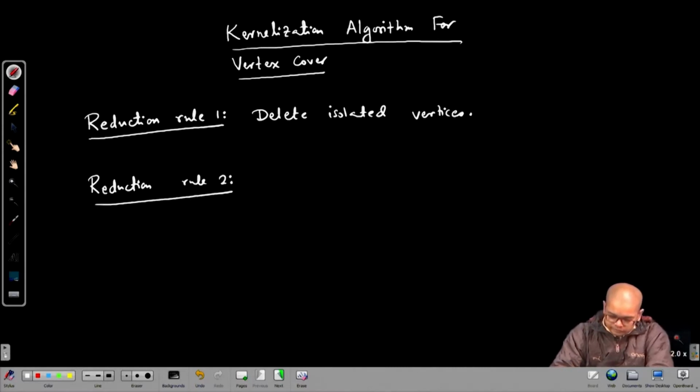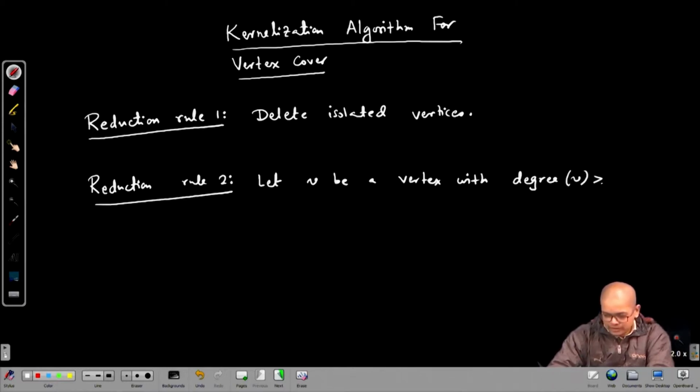Reduction rule 2: for every vertex v with degree of v greater than or equal to k plus 1, that is, at least k plus 1 edges incident on v, any size-k vertex cover must pick v, because if it does not pick v, it has to pick its neighborhood, whose size is at least k plus 1.